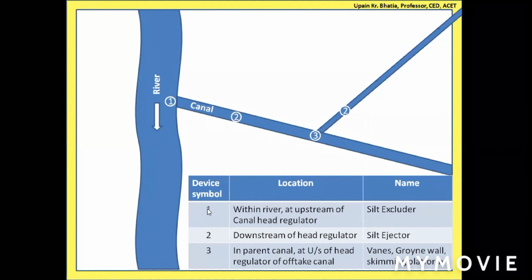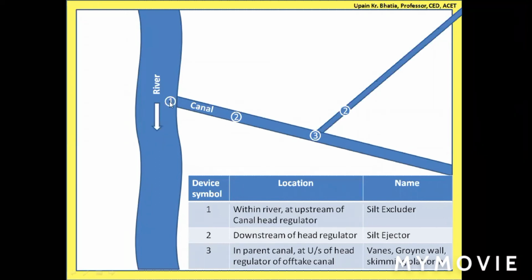So device symbol 1, it is within this river, at the upstream of the canal head regulator. Here the canal head regulator is on the downstream side.